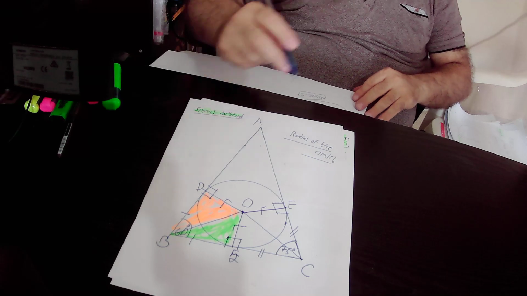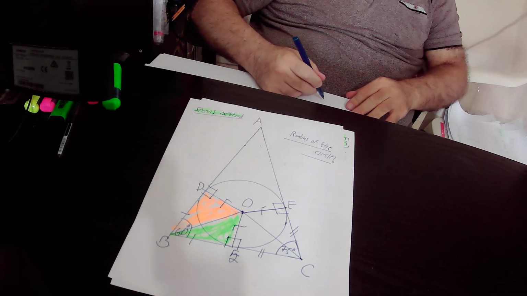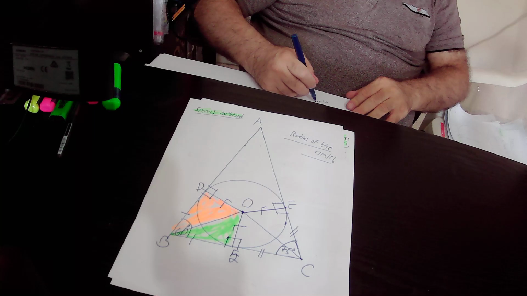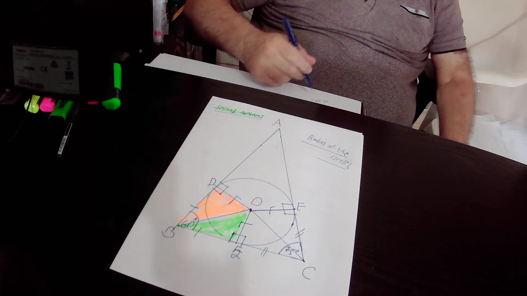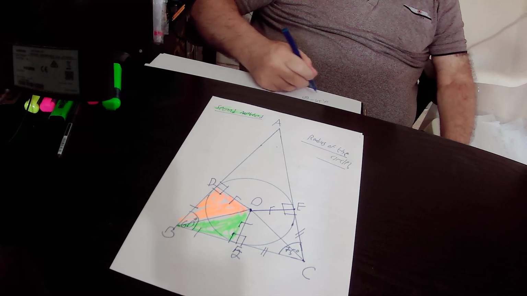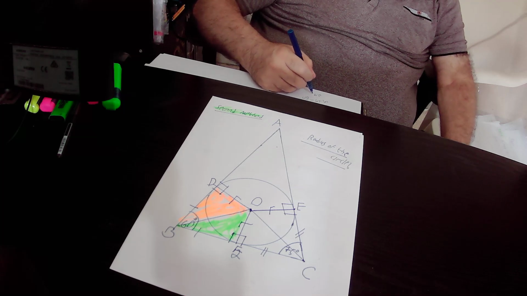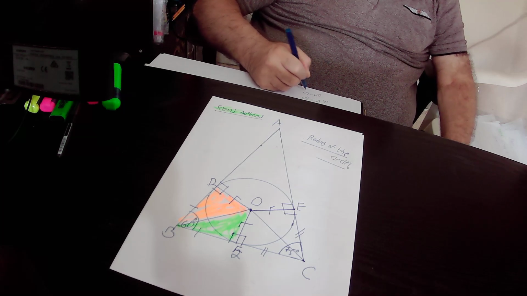And the sum of those two angles is alpha plus alpha. And alpha plus alpha must be equal to 60 degrees according to what is given in the question. Alpha plus alpha is 2 alpha. 2 alpha equals 60 degrees.